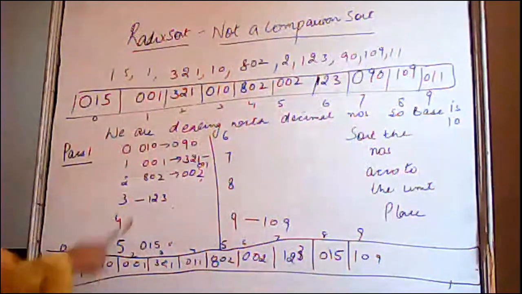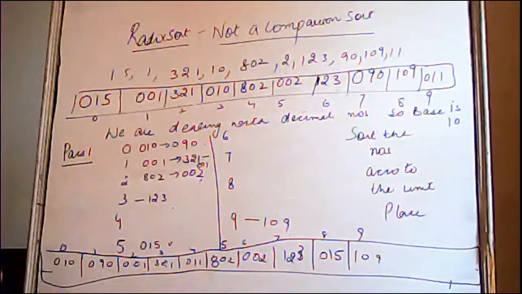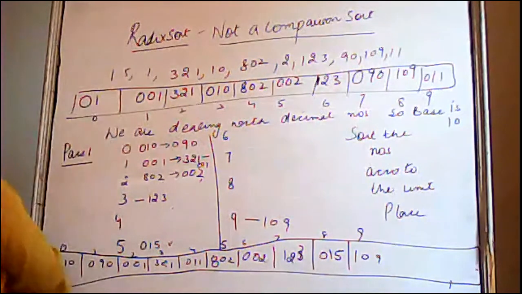This is the output of pass 1 and will be the input for pass 2. So let's do it here.